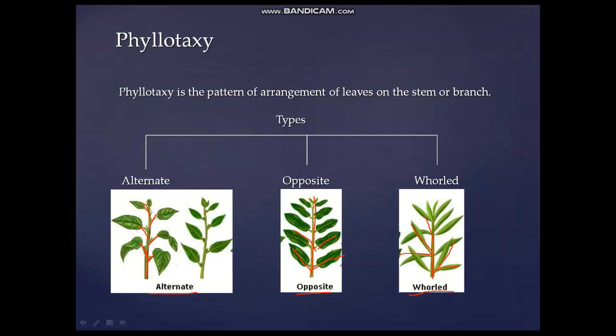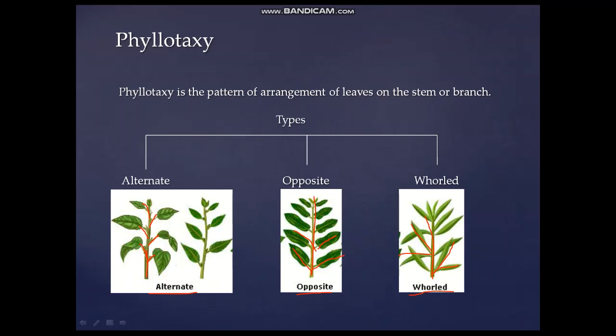So up to here we have discussed: first, leaf function; second, its parts; third, modification of the leaf; fourth, venation; fifth, which part of the leaf gets modified and performs other functions in spite of photosynthesis.